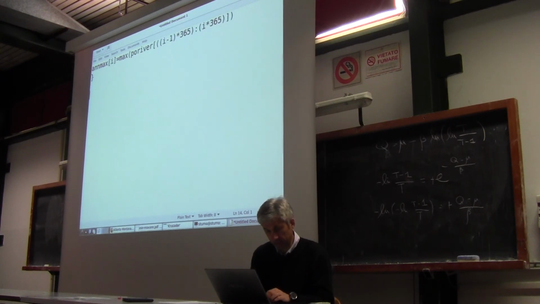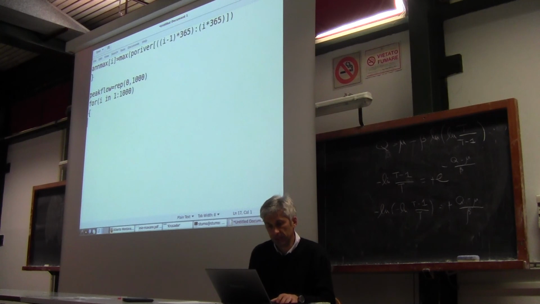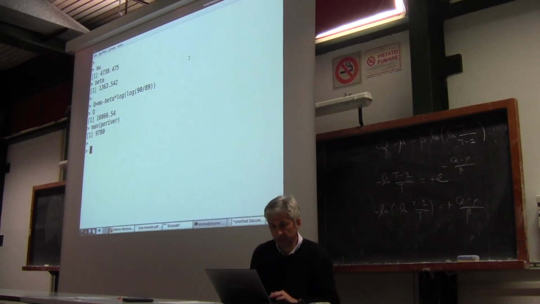Let me write, first of all, peak flow equal repetition of 0, 1000, and then for i in 1 to 1000, curly bracket, and then let me go back to R and take a copy of this.